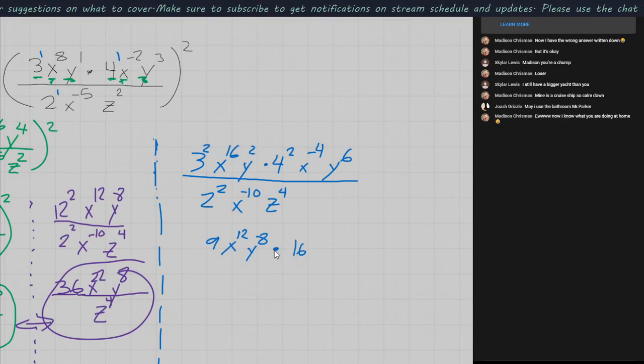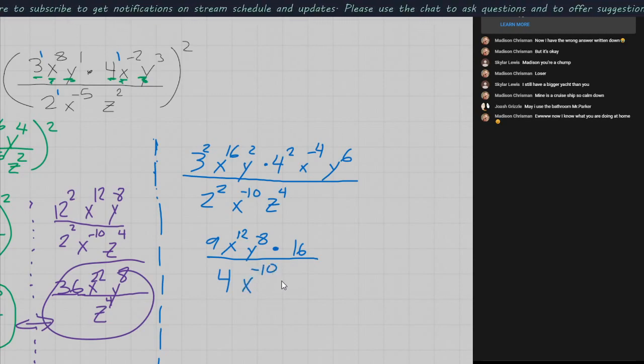So I'm not going to combine those right yet, because you'll do that. So this is 4 x to the negative 10th, z to the 4th. At this point, you could multiply these, but I wouldn't, because you can do 16 divided by 4 and cancels out right off the bat. So I would do that.